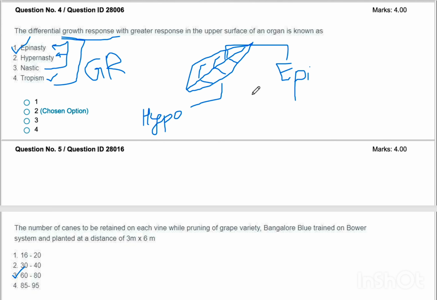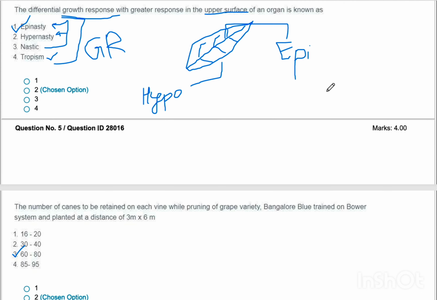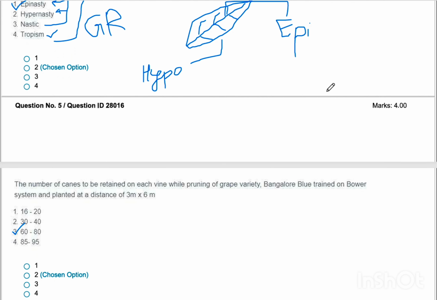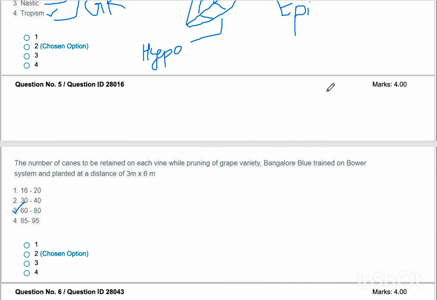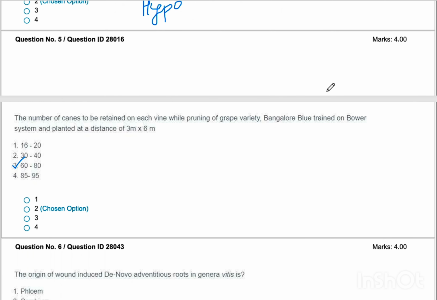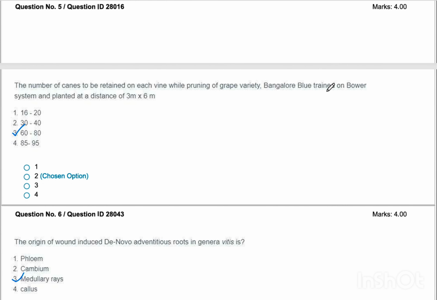That is, the greater response is seen in the upper surface of an organ. Hence the answer is epinasty. So make sure that you analyze each and every option rightly.